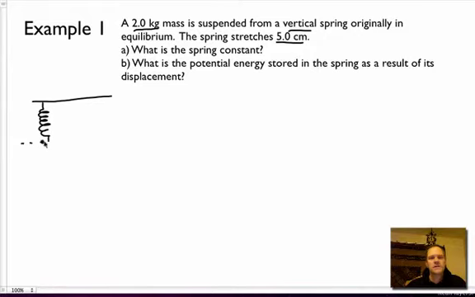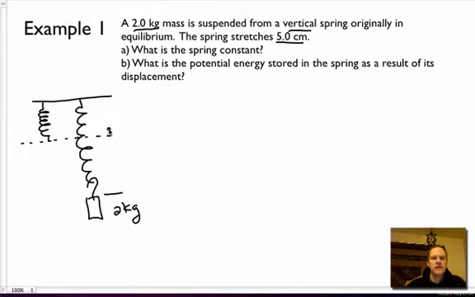So here is going to be our neutral point. We then come along and put this mass on it, and the spring starts to stretch out. So here's our mass, and this is 2 kilograms. And let's just take our reference point to here. This stretches an x of 5 centimeters.